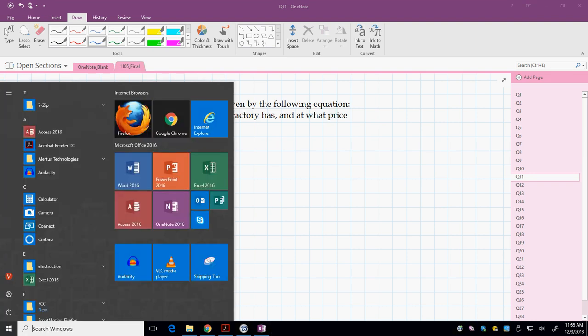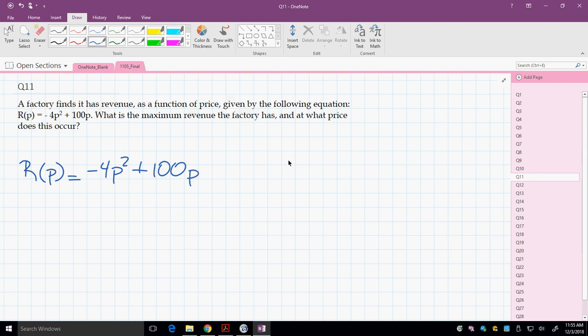So if we're looking for the price, we are going to think about the vertex.